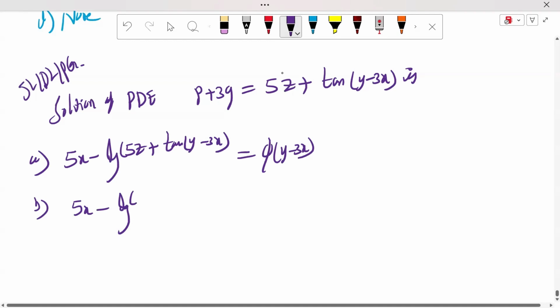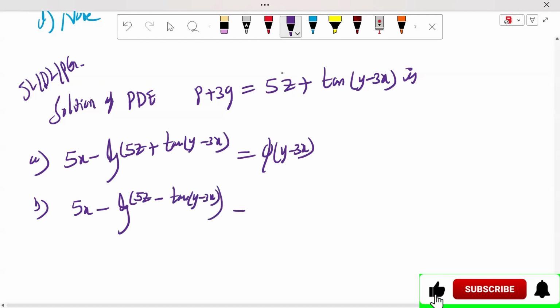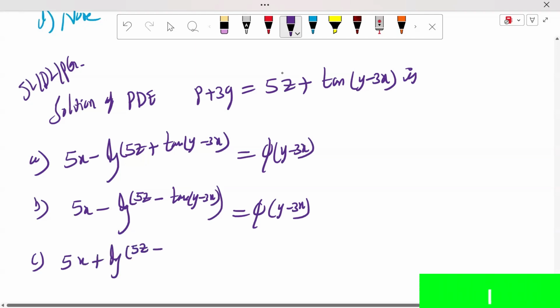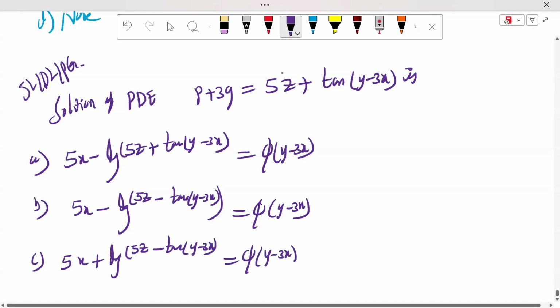This is the last question, sir. 5z minus tan of y minus 3x is equal to phi of y minus 3x. And option C, sir. 5x plus logarithm 5z minus tan of y minus 3x is equal to phi of y minus 3x, sir.